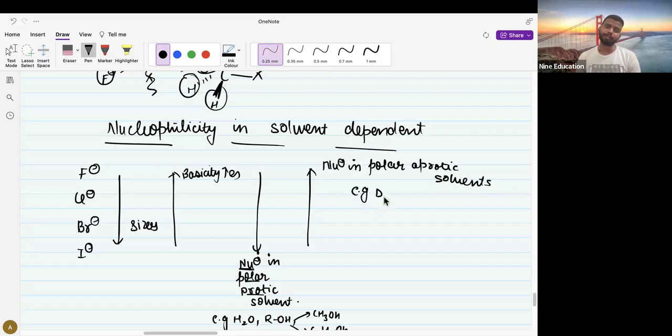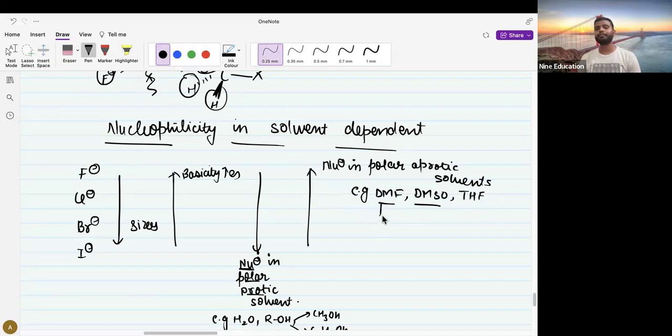Examples of polar aprotic solvents are DMF, DMSO, or THF.